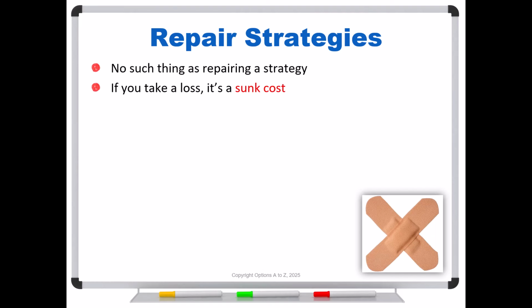So if you lose on Microsoft shares, can you buy NVIDIA shares and make money on it and say, oh, I repaired my Microsoft? Sure, if that makes you happy, you can call that a repair strategy. But notice all it is that it's a second trade that made up for the losses of the first. But the reason that people usually call them repair strategies is they're trying to use part of the original trade that they initiated that created a loss.